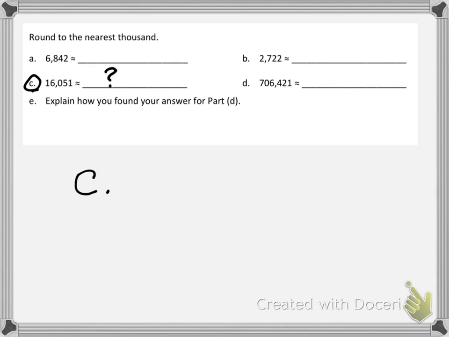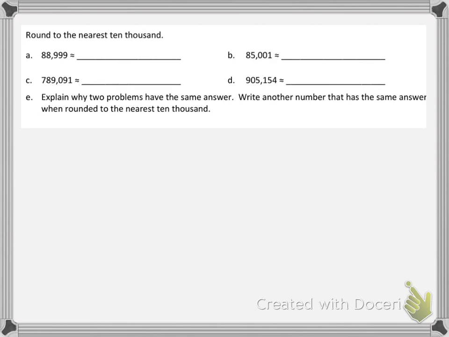What are you going to get there? All right, I'd like you to try this one. 88,999 to the nearest 10,000. Letter A. Try that one. Okay, the next one I'd like you to try is letter C. 789,091 to the nearest 10,000.